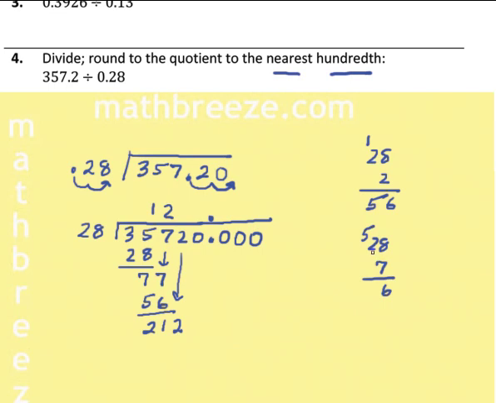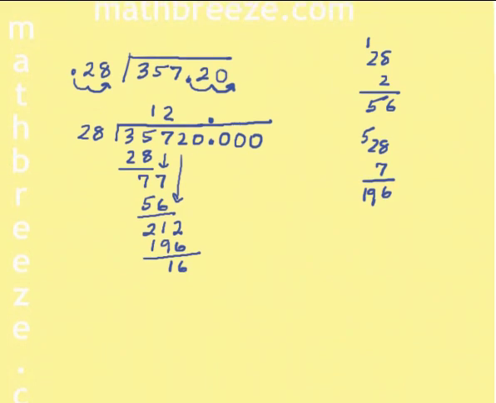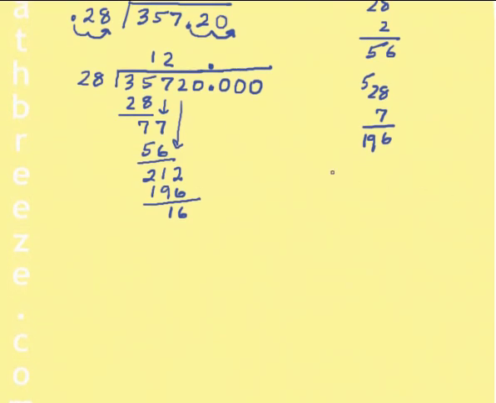Seven times 2 is 14, and 5 is 19, so here we have 196. We'll subtract, we get 16. Okay, let's see, we need to put our 7 over there. All right, and now we're ready to bring down this 0.